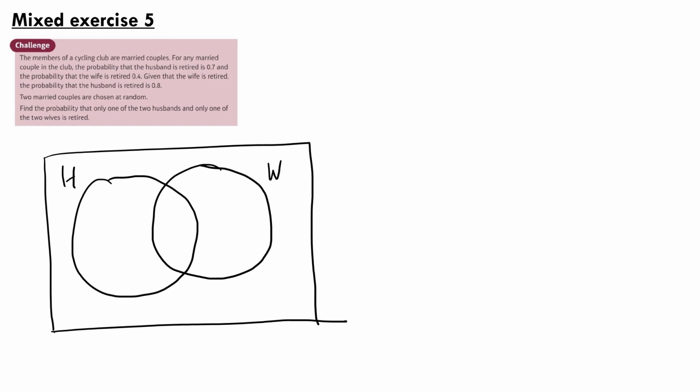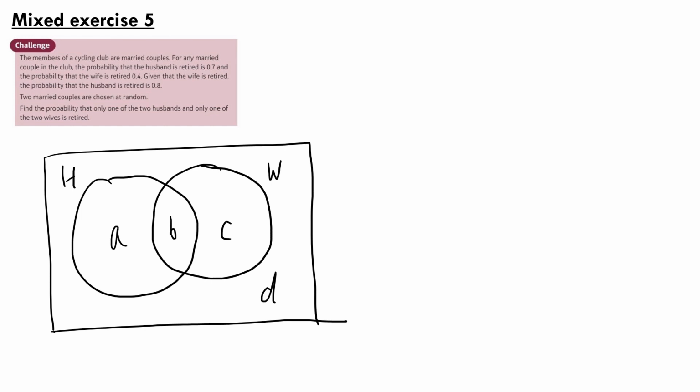So the intersection of these two circles is the probability that the husband and the wife are retired, and the outside area is the probability that neither are retired. We can label these sections of the Venn diagram A, B, C, and D just to make it easier to reference in equations.